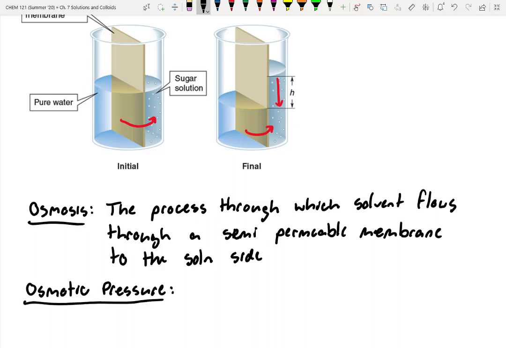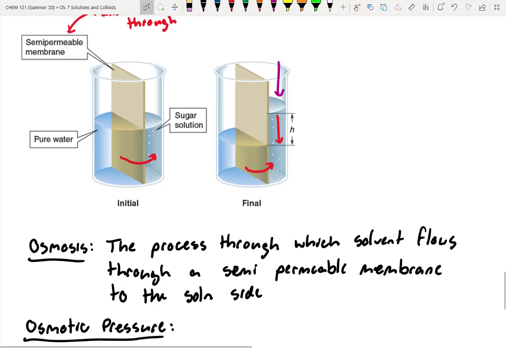And osmotic pressure is kind of interesting. Imagine that we have to push down on this until we get back to a level where the water is equal. In fact, I'll just do that over here. So push down. This would be pressure.